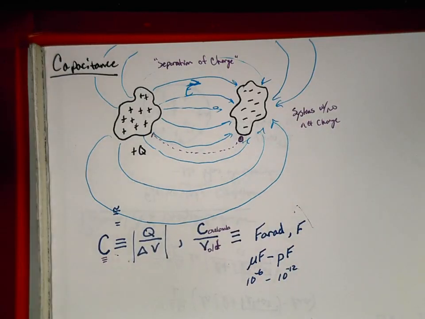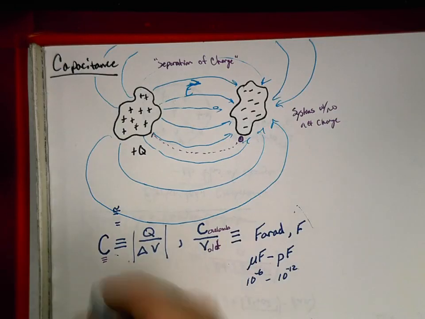Okay, so what we're going to do, I'm going to give you guys a couple of examples of capacitors. But what I want you guys to keep in mind when we're going over this is our capacitors are defined by two things.